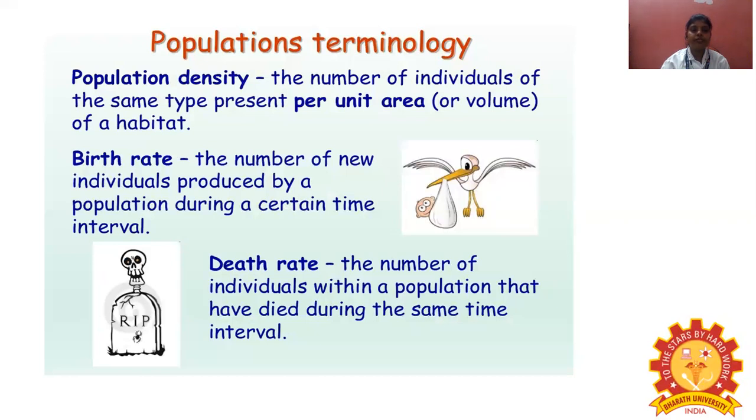Birth rate means the number of new individuals produced by a population during a certain time interval. Death rate means the number of individuals within a population that have died during the same time interval.